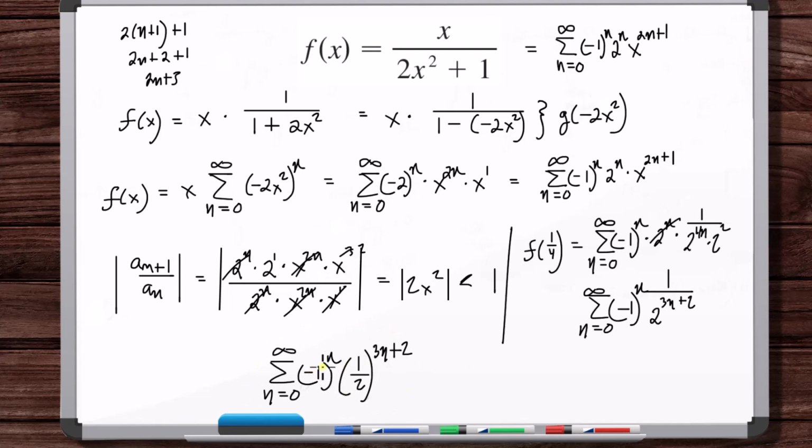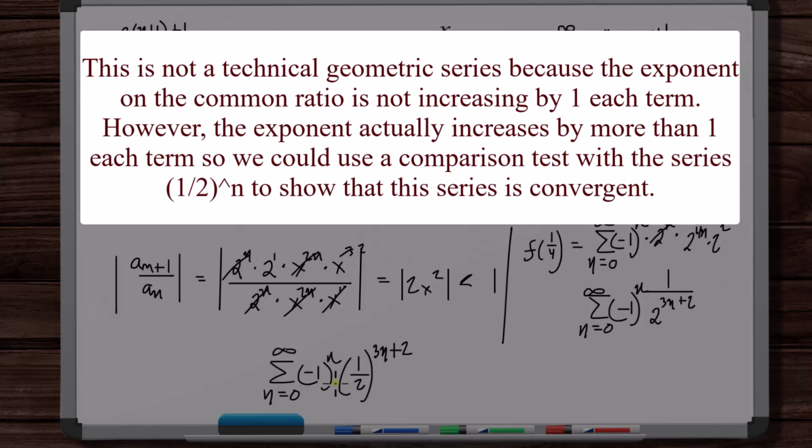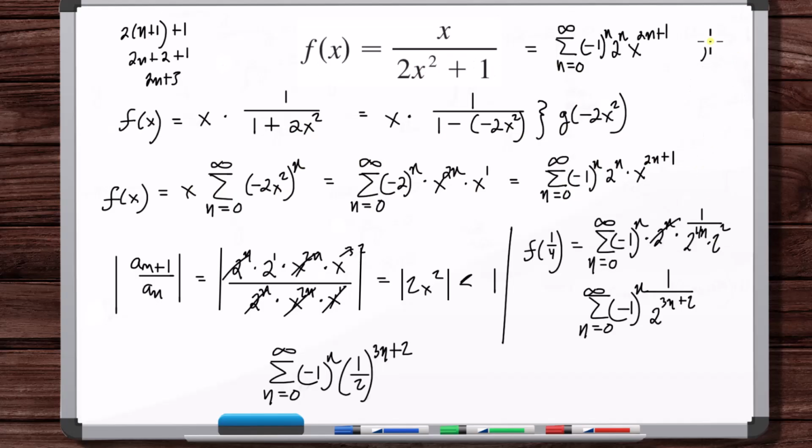Well, it's not, because it's alternating, but we could do the test for absolute convergence, and the absolute value of this series is a geometric series with the common ratio less than 1. So at positive 1/4, it's going to converge.